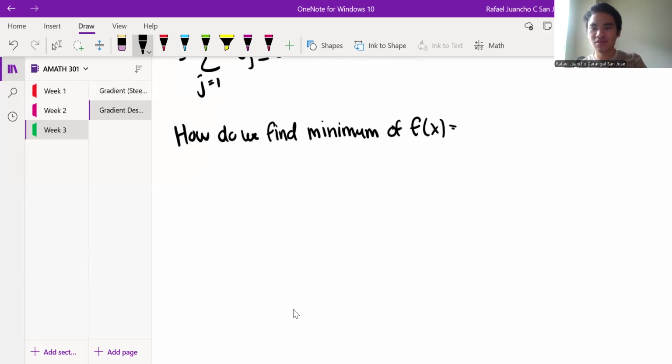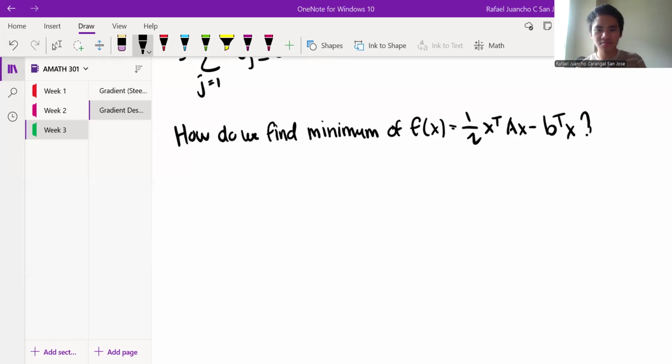This is 1/2 x transpose Ax minus the transpose of b times x. So what happens here?